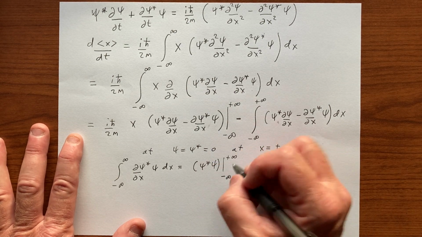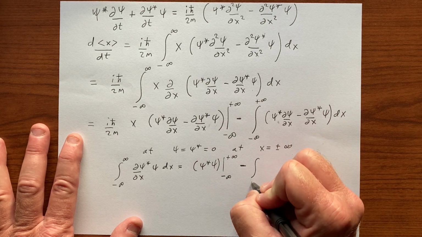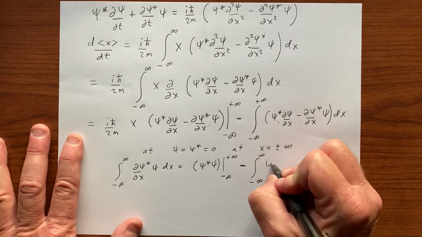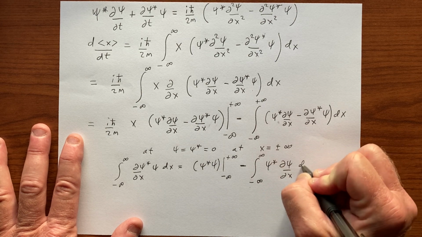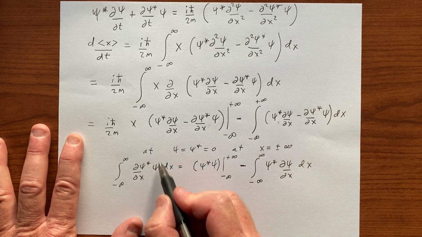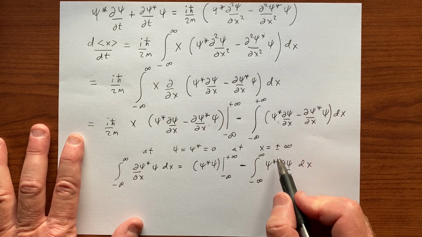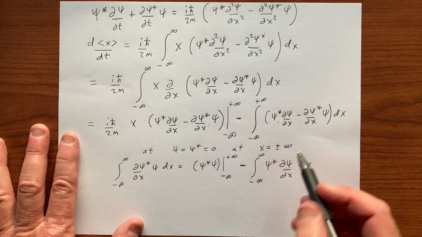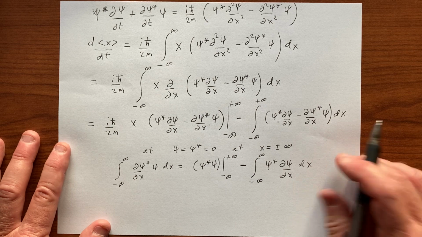The wave function needs to represent a localized particle, so it vanishes at infinity, minus the integral of psi star d psi by dx. And so the integral of this part looks like this part, and so we actually get a factor of 2 here.